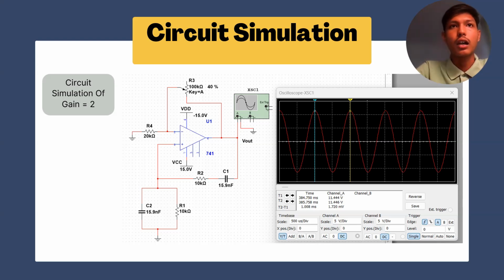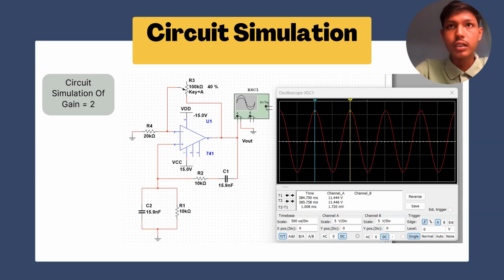So next is the circuit simulation. From this circuit, I have used gain equal to 2. We can see that when we use gain equal to 2, the sine wave that we get is good without any distortion. The variable resistor that we have set is 40%, 30% of 100 kilo ohm.